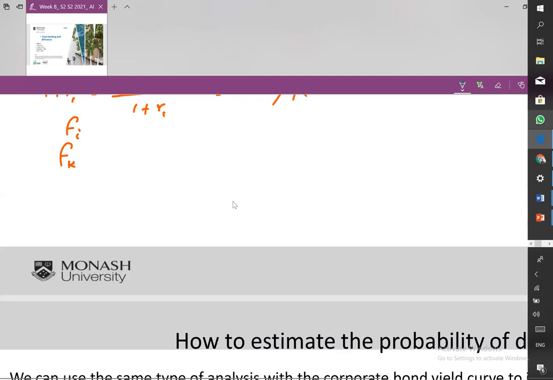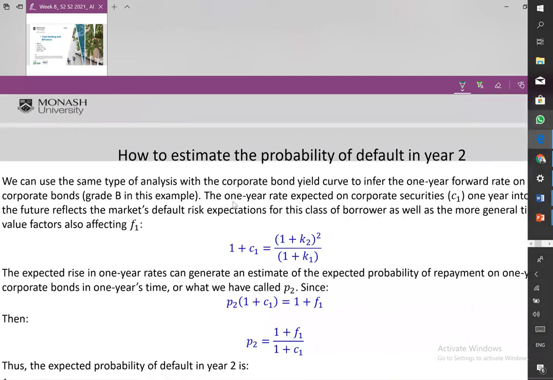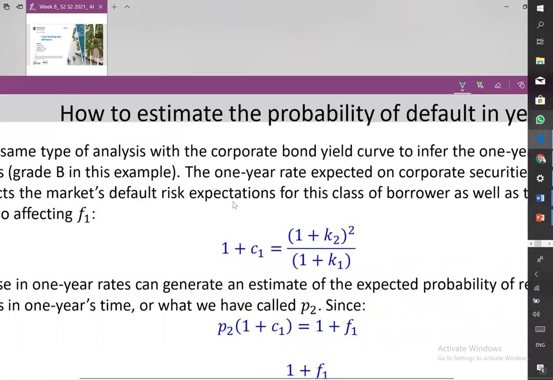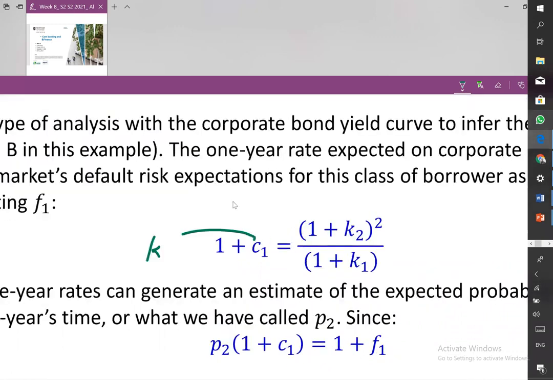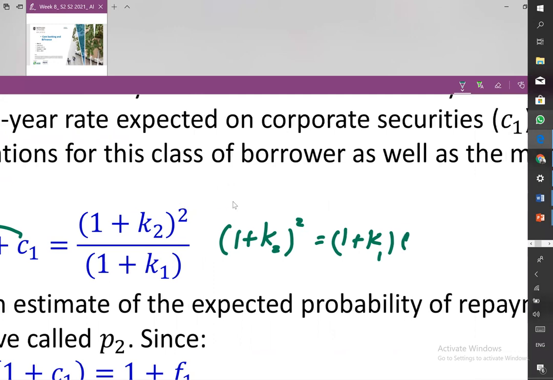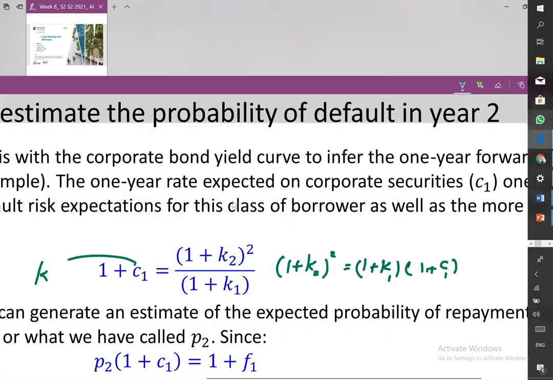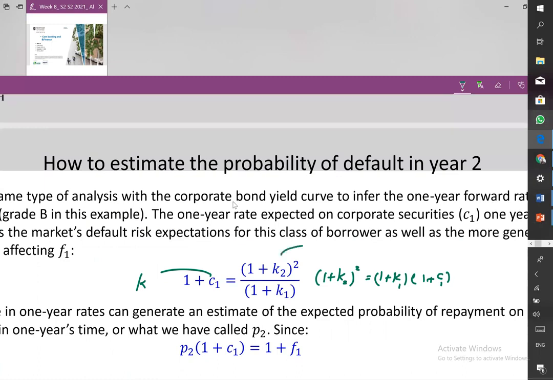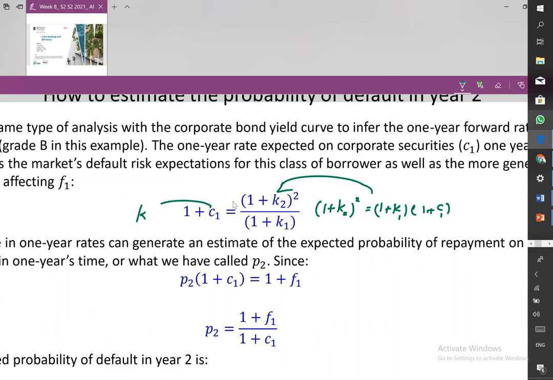So if you look at this formula, this is the forward for the K, which means this formula was like this: 1 plus K2 over year 2 equals 1 plus K year 1 times 1 plus C1, which is the forward for the K. So this formula is actually the same thing, and if I know that now, I can calculate C2.